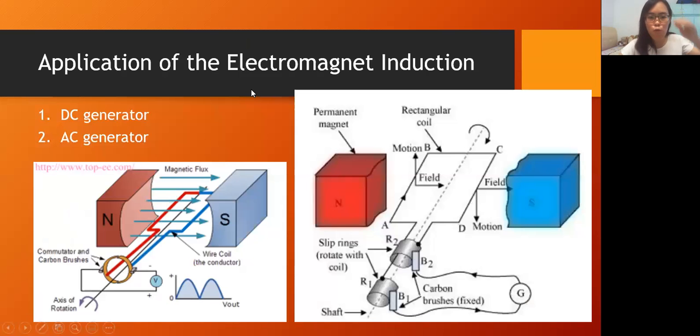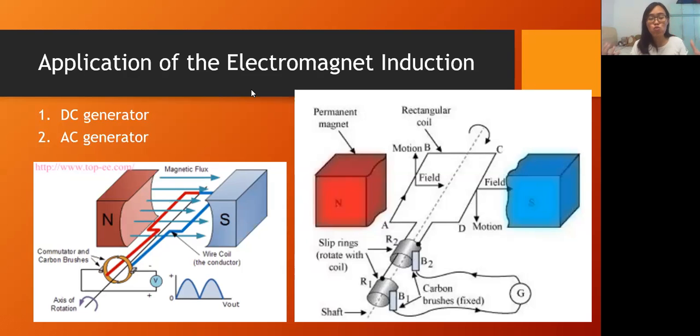Now, the application of electromagnetic induction. For example, in a pasar malam or pasar pagi, especially pasar malam, the environment is dark, but they need light to let customers see their products and buy something.